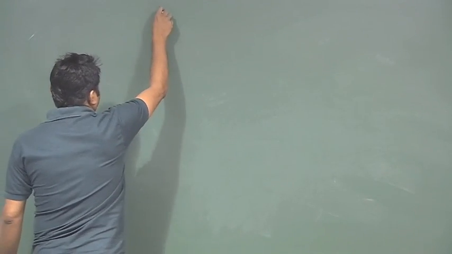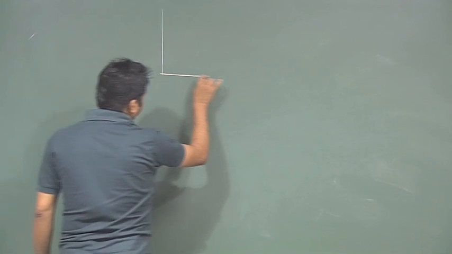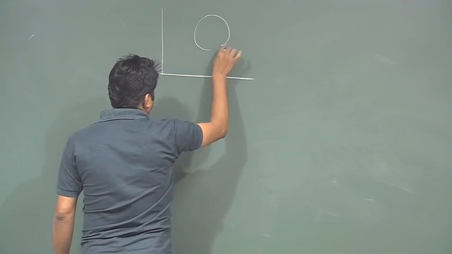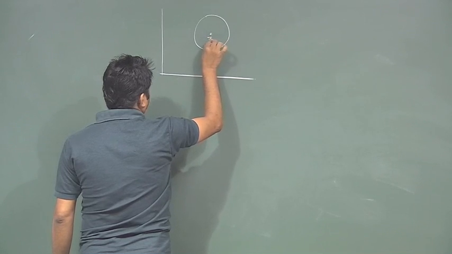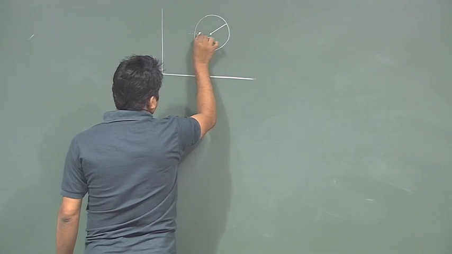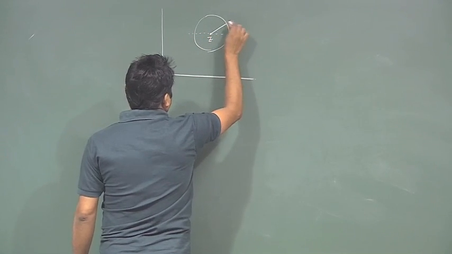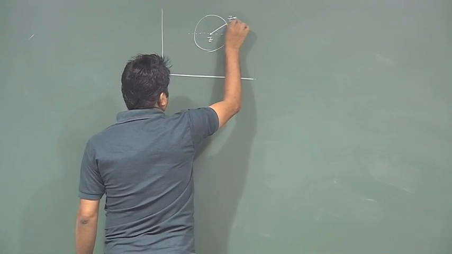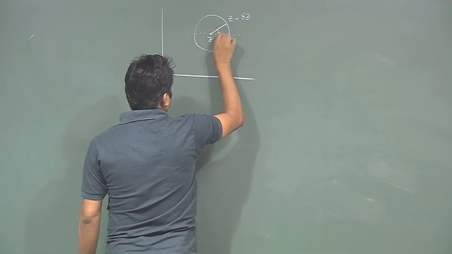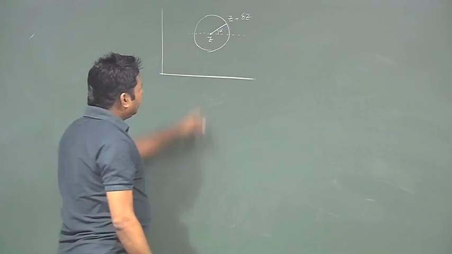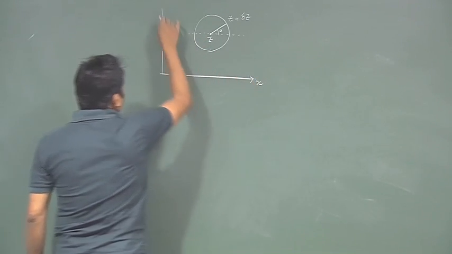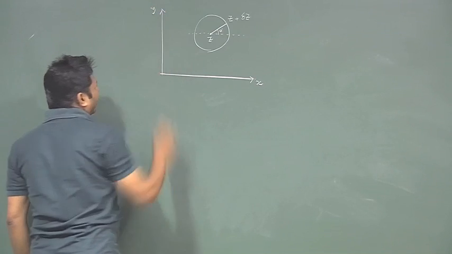So, let me do it this way. Here in the complex plane I have one point z, and another point z plus delta z, and this angle is alpha.